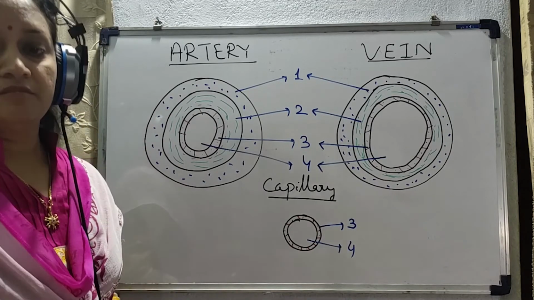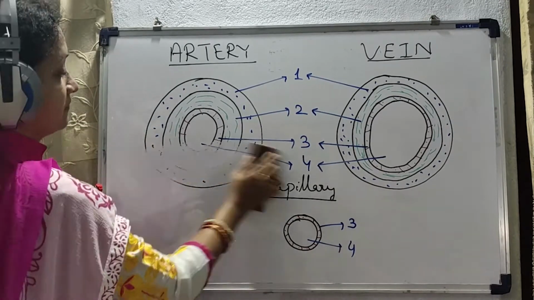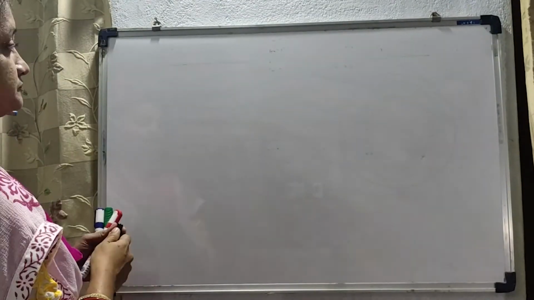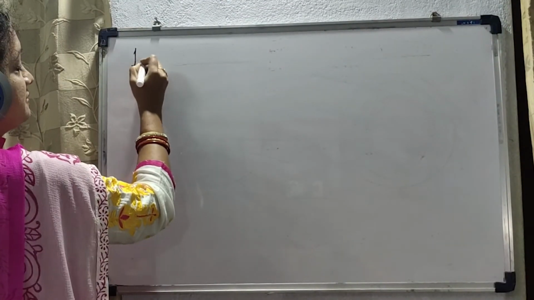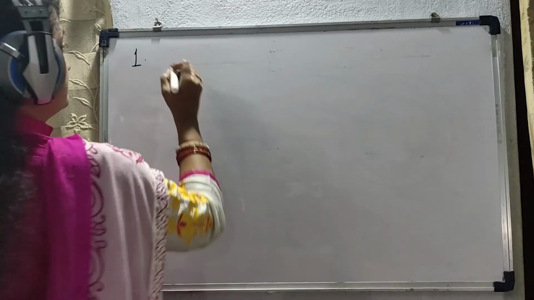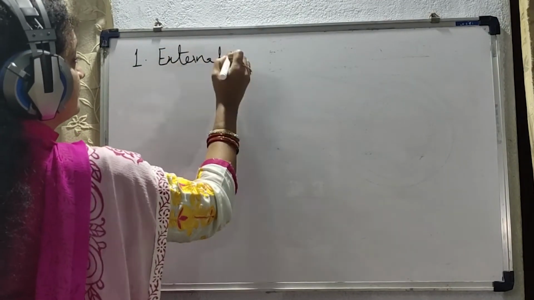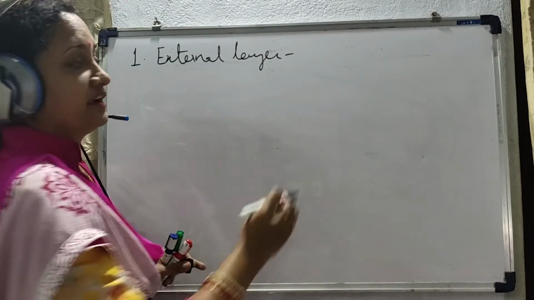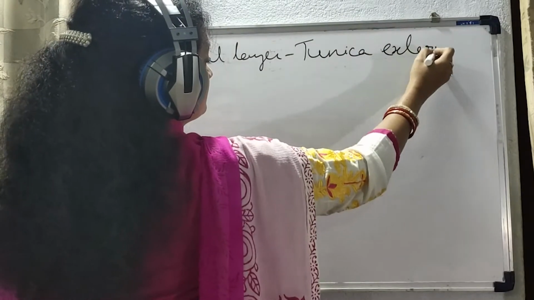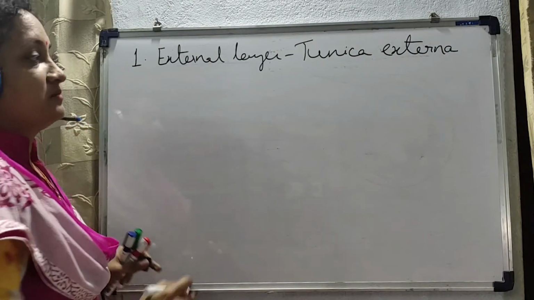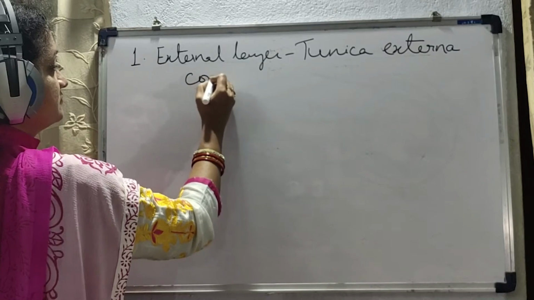Let's sum up the structure. Number 1, what we have labeled, is the external layer, which is known as tunica externa. Tunica externa is composed of connective tissue.